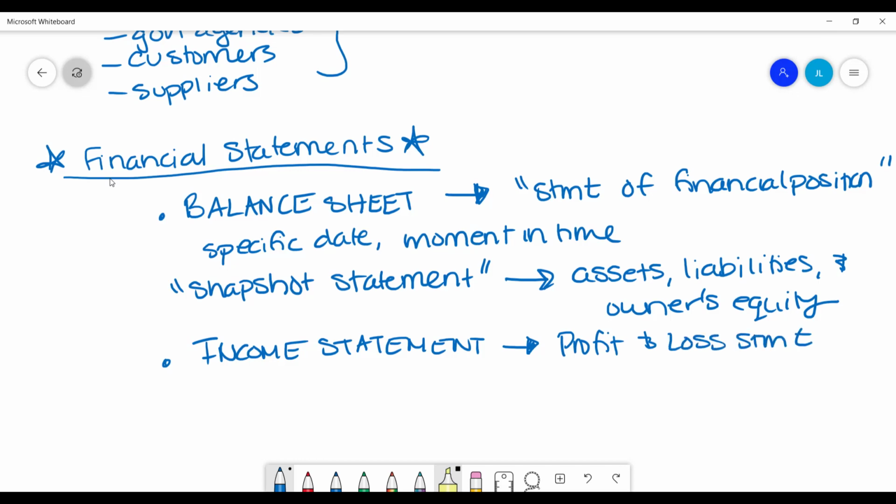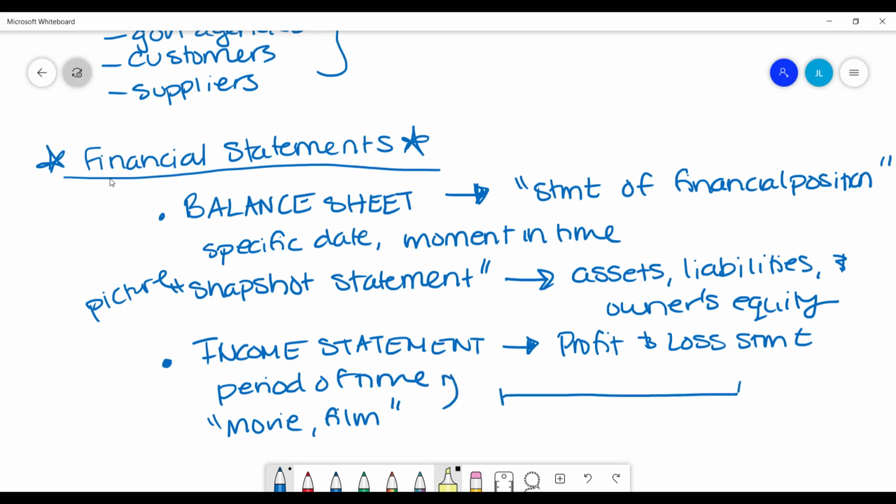So instead of this being for a specific date or moment in time like the balance sheet, this is for a period of time. So instead of it being like a snapshot or a picture, this is like a movie, or a film, because it captures a period of time from start to finish.